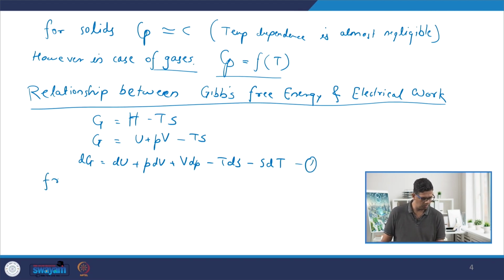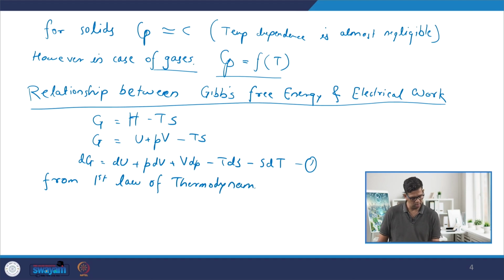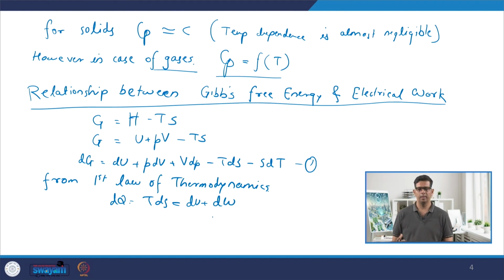What we know from the first law of thermodynamics is dq equals TdS, which is also equal to dU plus dW. This dW is work, so let us make this a very generalized form of work.